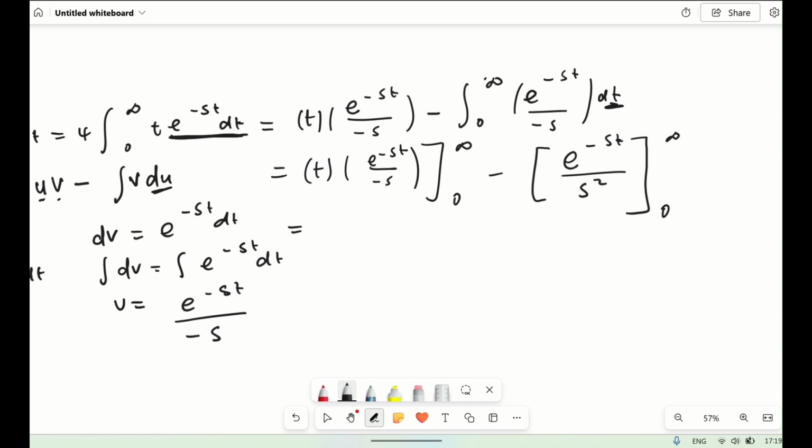When we substitute infinity here, it tends towards 0, because the more you increase it, the whole function decreases, so it eventually tends to 0. And when you substitute 0 here, everything becomes 0. So it's going to be minus 0.